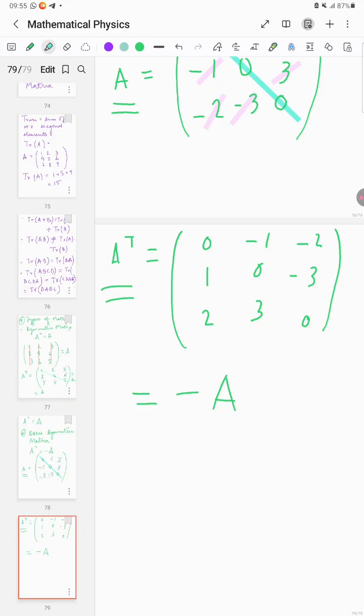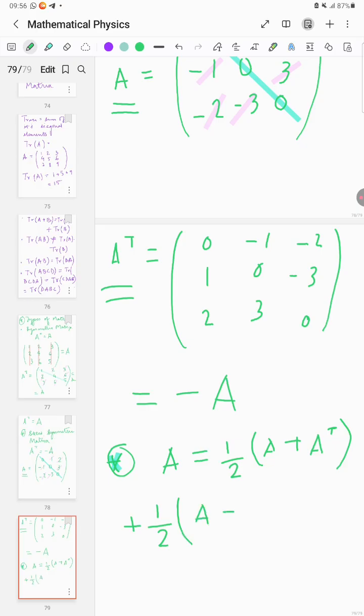So any square matrix can be converted into a symmetric part and an antisymmetric part. And how can we express that in terms of a statement? The statement is A, which is a matrix, can be written as a symmetric part, half of A plus A transpose, and an antisymmetric part, which is half of A minus A transpose.